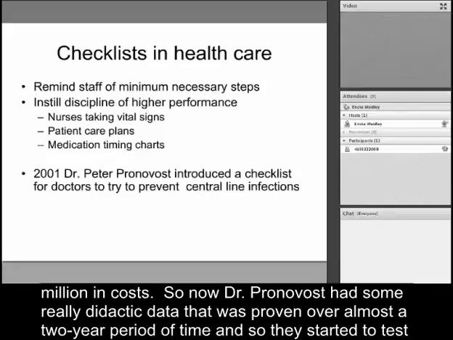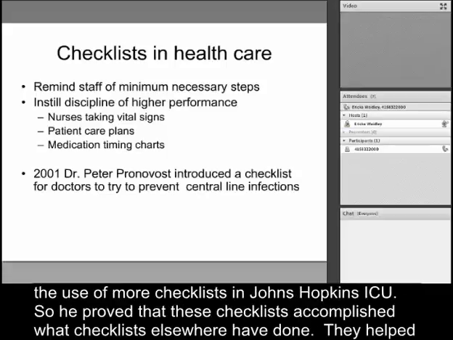So now Dr. Provonost had some really didactic data that was proven over almost a 2-year period of time. And so they started to test the use of more checklists in Johns Hopkins ICU. So he proved that these checklists accomplished what checklists elsewhere have done.